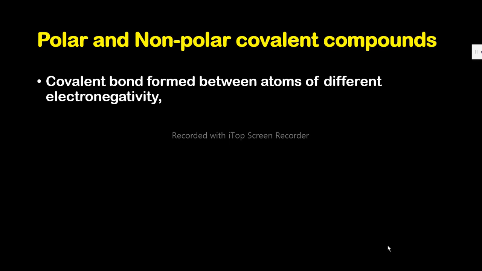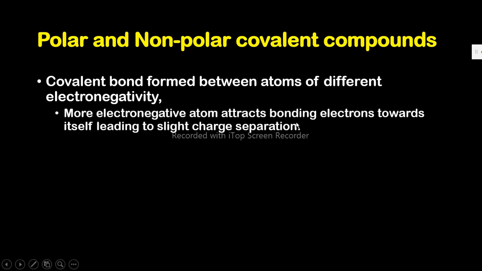But now, one atom is more electronegative than the other. So the one that is more electronegative is going to withdraw the bonding electrons towards itself from the other atom that is less electronegative.